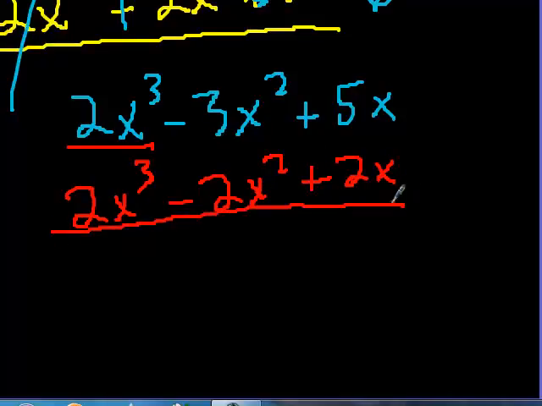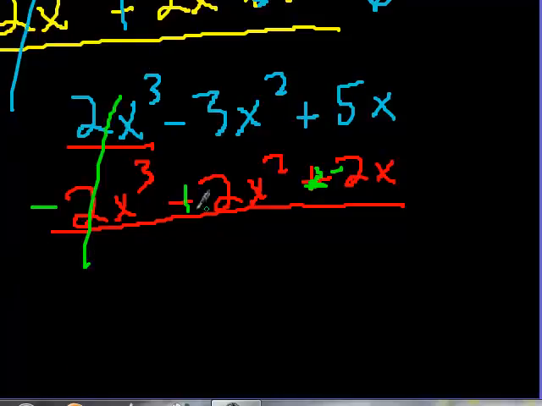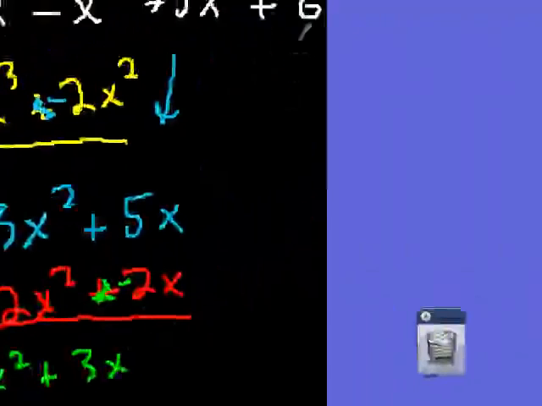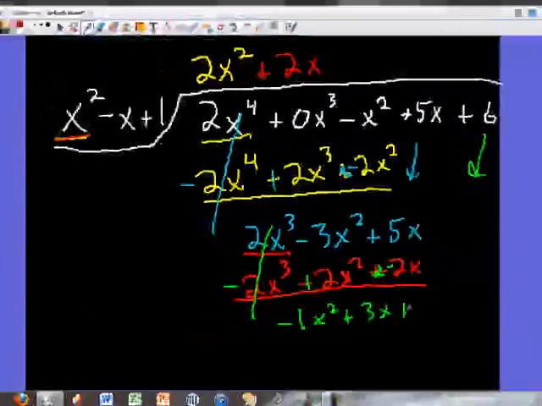Draw your line. We're going to subtract. Change the sign, change the sign, change the sign. Add straight down. So those cancel. Negative 1 x squared. Let's see, 5 minus 2 is 3. So plus 3x. Bring down your 6.